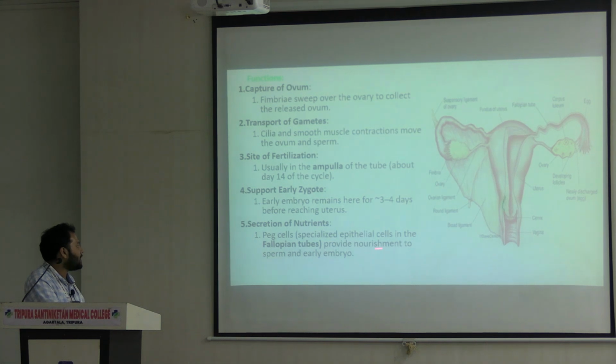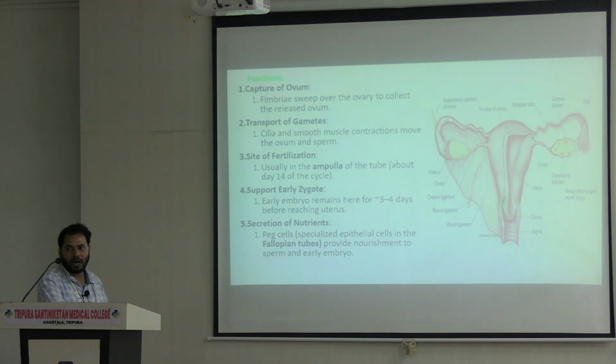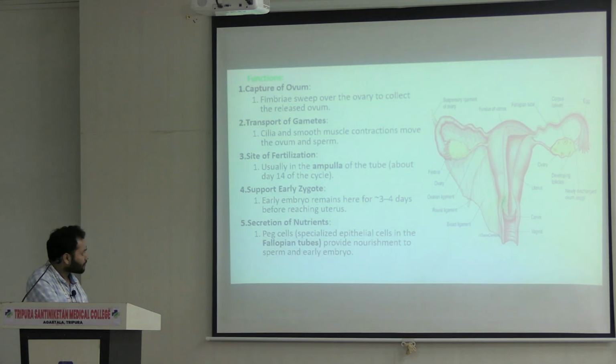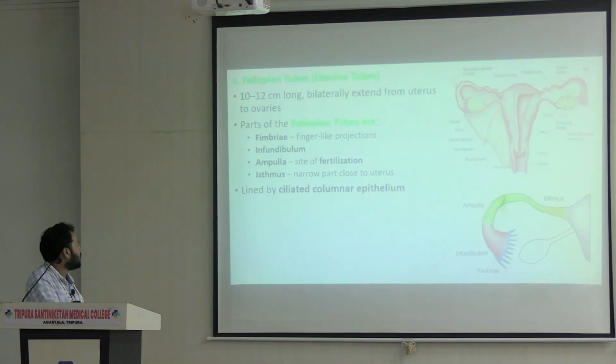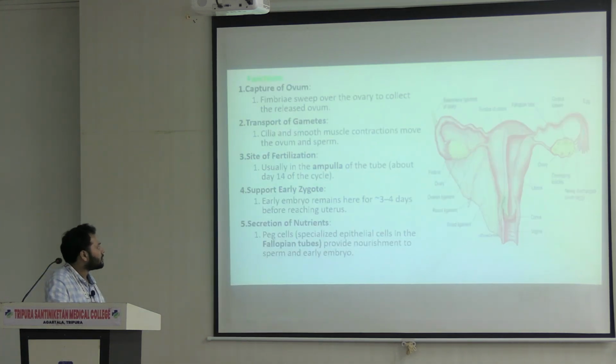Those PEG cells provide nourishment to sperms and to the early embryo, and help to develop the early embryo. So these are some functional characteristics of the fallopian tube.